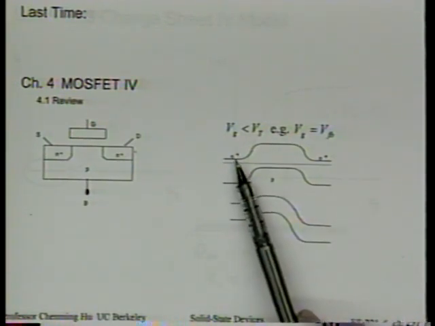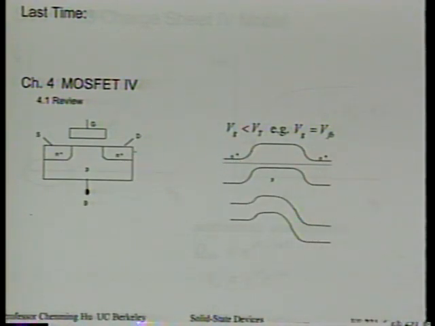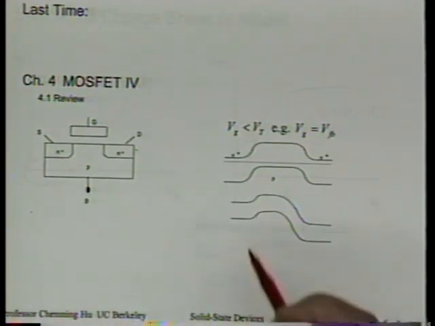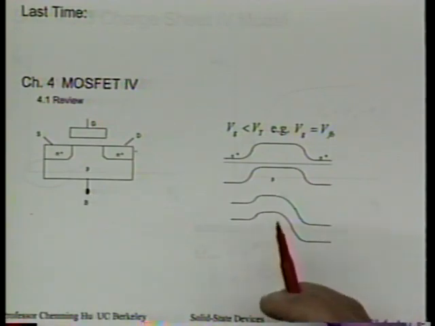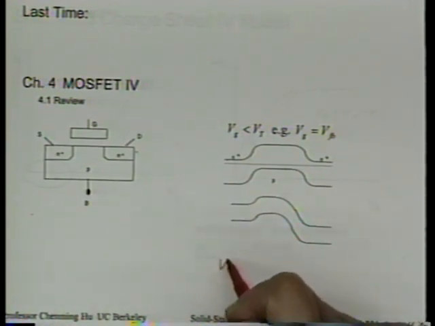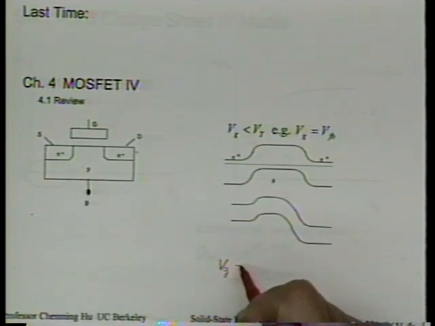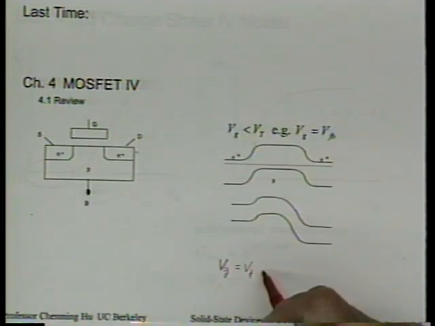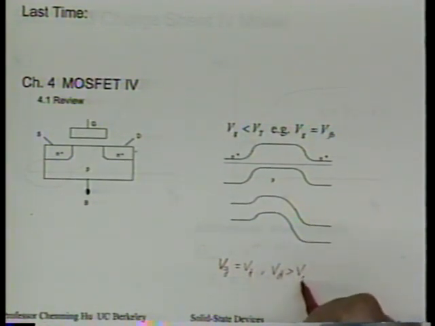That is why current cannot flow between source and drain. Now, the bottom diagram is drawn for VG equal to VT for now, or larger than, I suppose. VD happens to be larger than VS, all right?